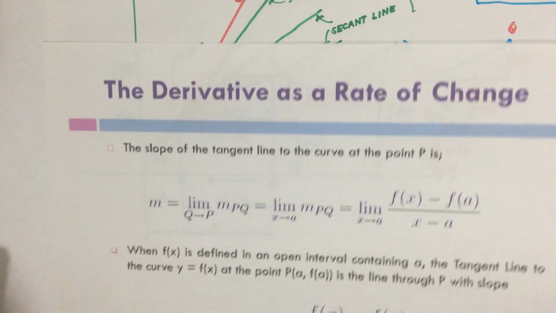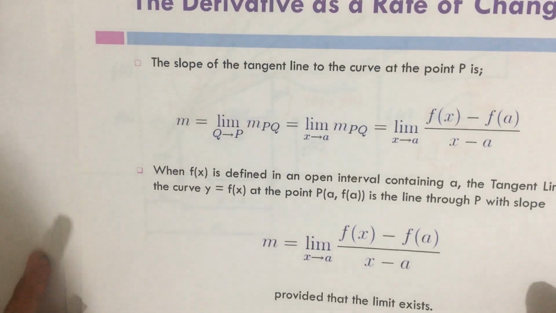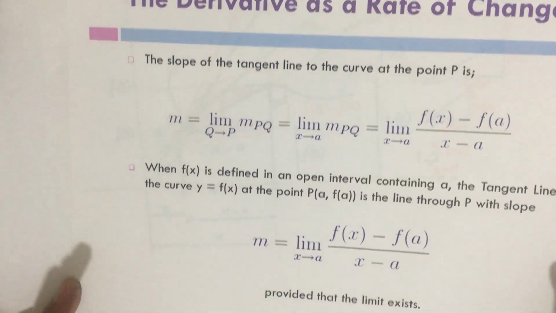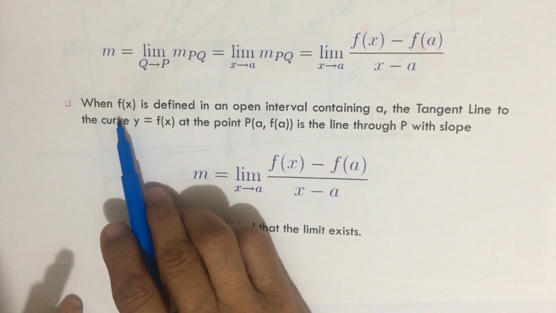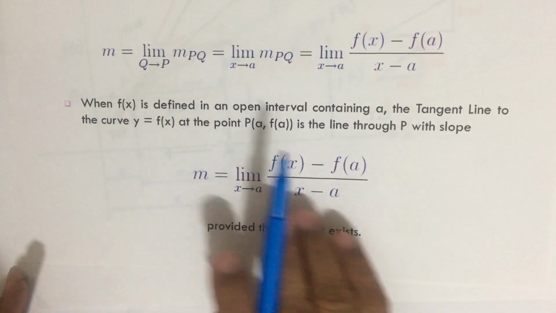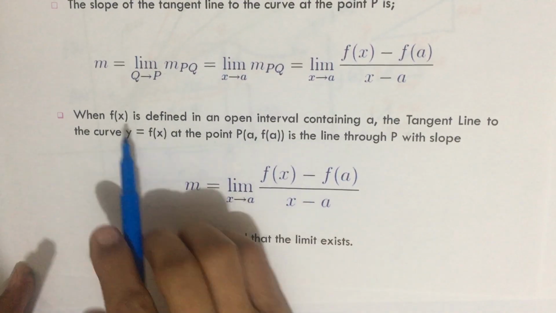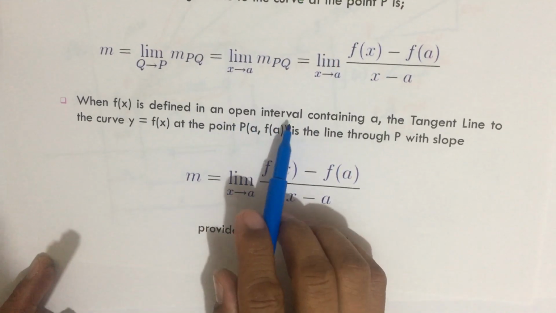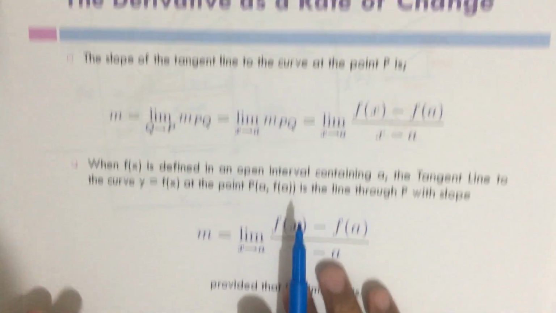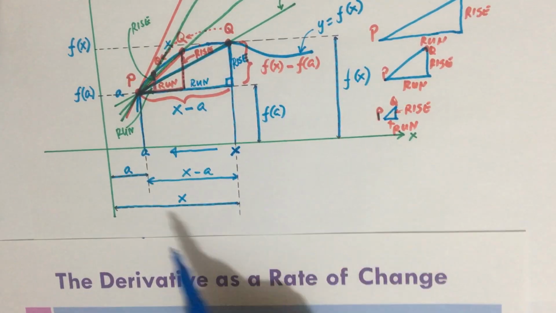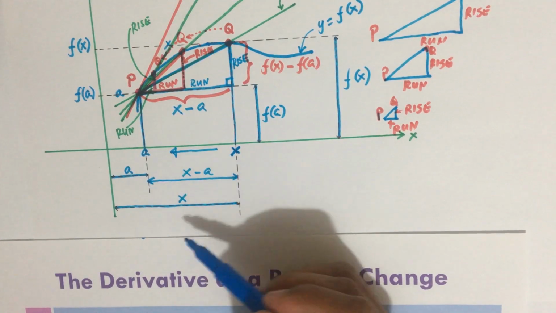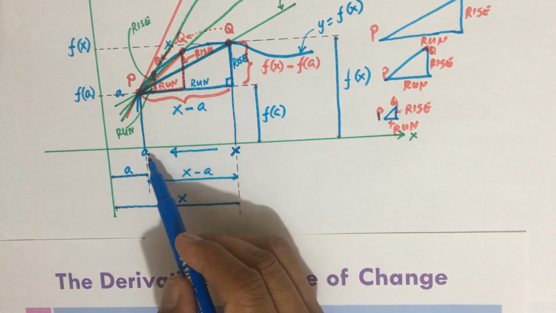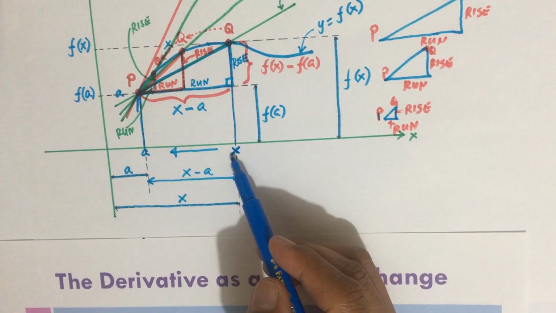Alright, so here it says that f of x is defined in an open interval containing A. So what is our open interval here? Our open interval is this one, class, A to x.